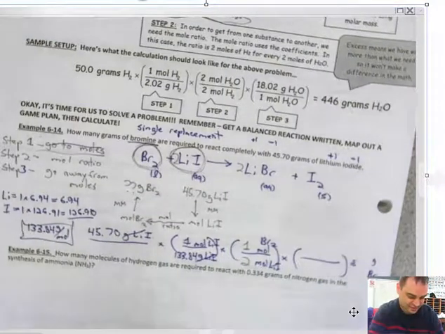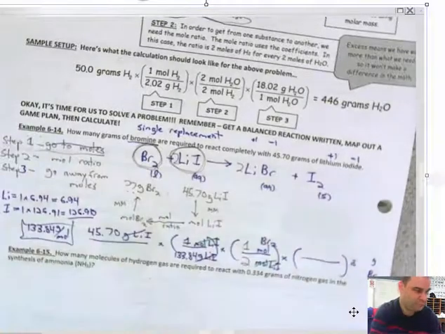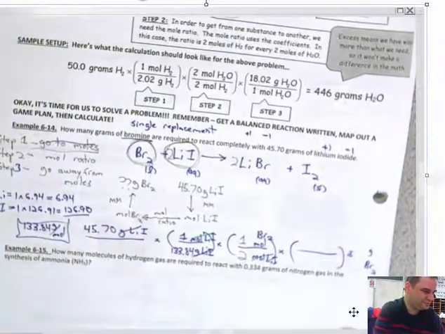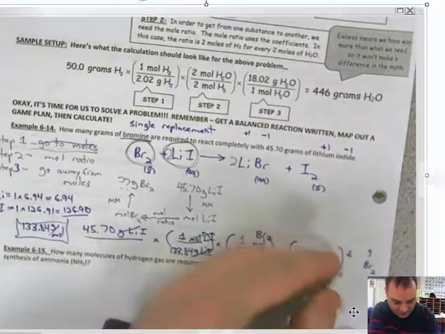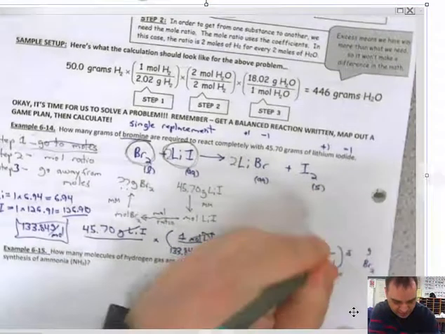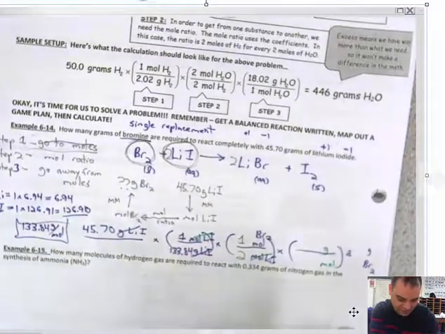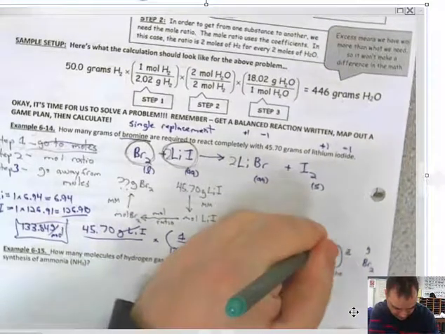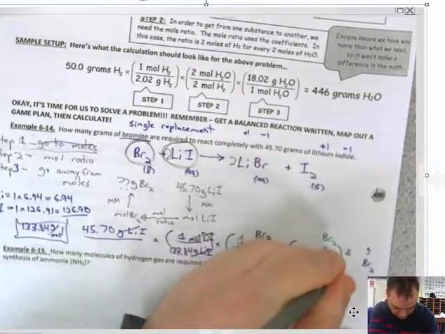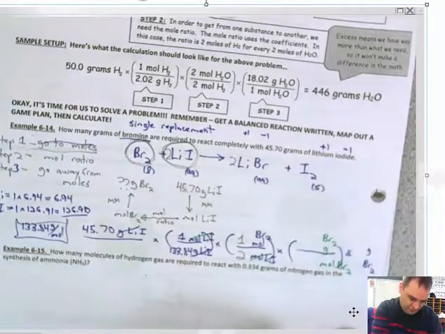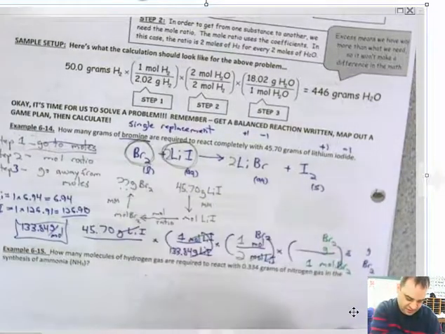Step 3, swish, swish. Moles on the top, moles on the bottom. What are we going to convert to? Grams. Since the units are different here, we're going to use the same substance, which is bromine. 1 mole of bromine.